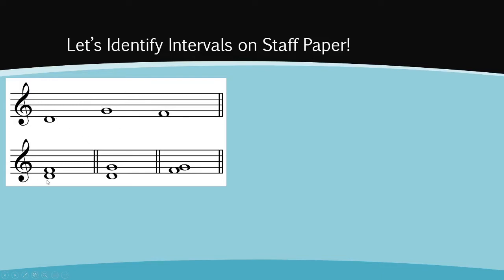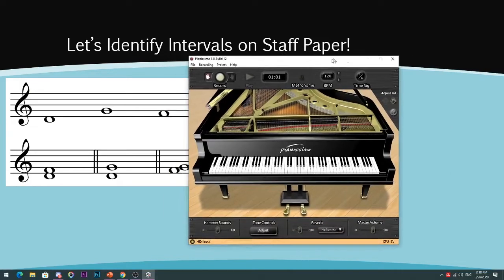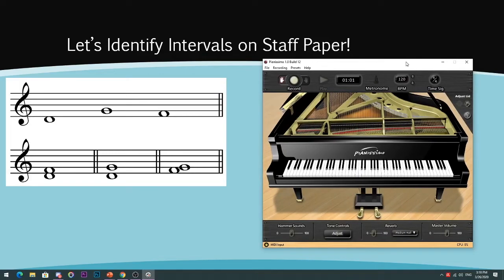We'll start with the first one, which is D. This is D to F. So D to F. I want you to either count how many half steps that is and then check the table, or play it and see if you can determine what the interval is.